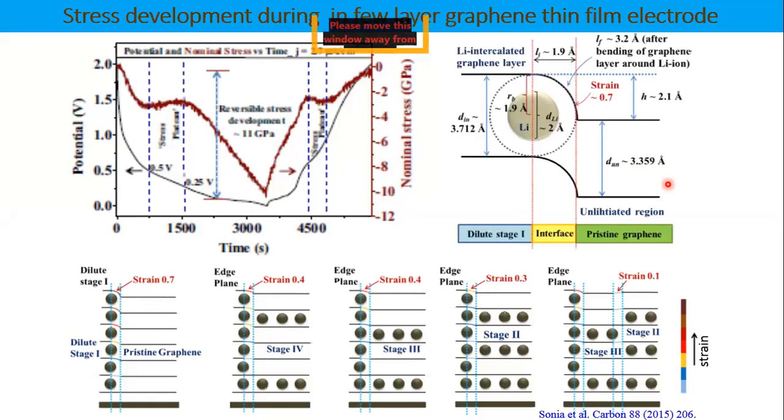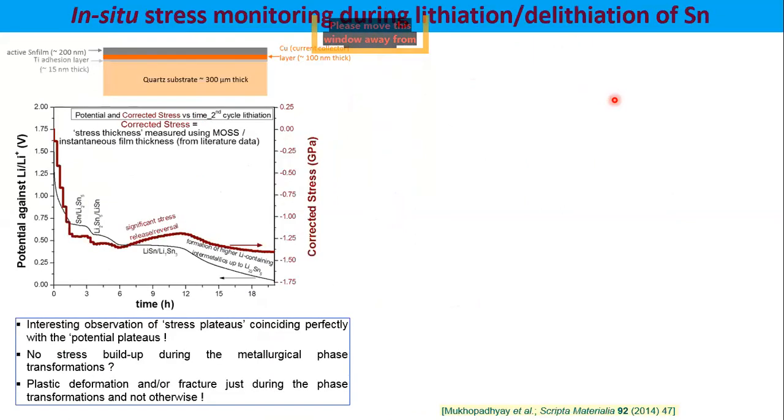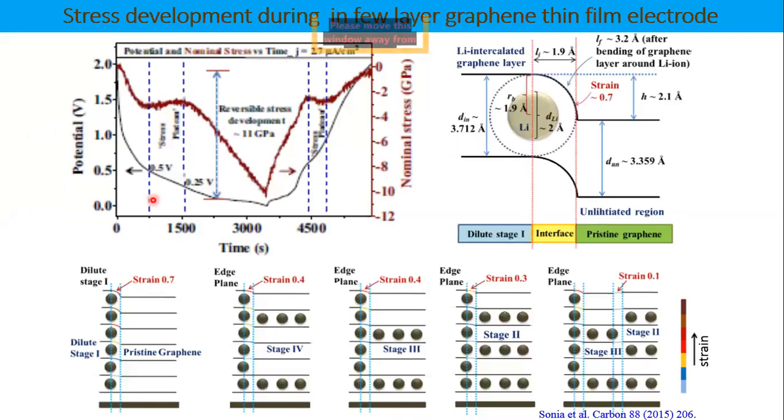So what happens when lithium comes into the graphene layers? The graphene layers get bent at the site where the lithium ion gets stored. Now, if we look at the example of a tin-based electrode, with respect to the voltage profiles, in graphene there is no plateau in the potential profile.